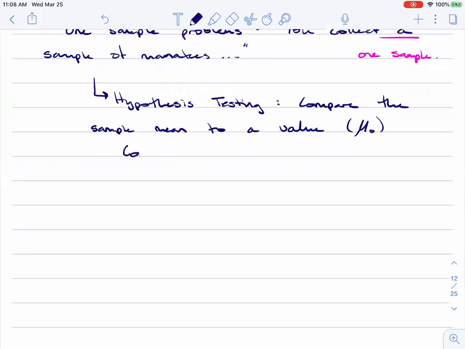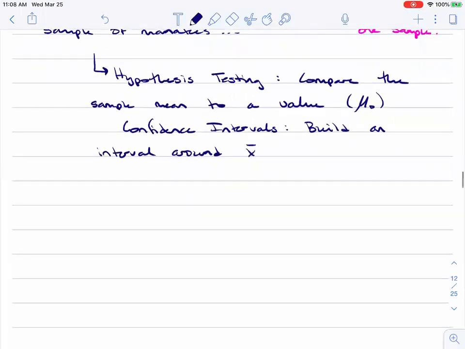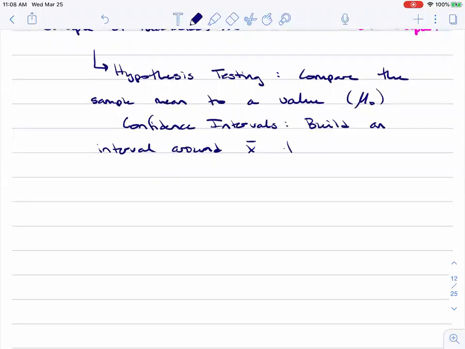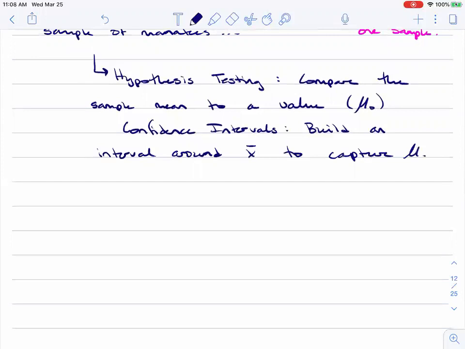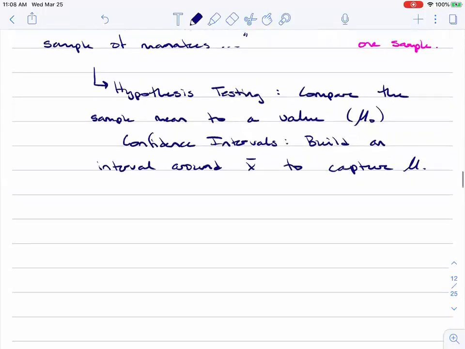Or for confidence intervals, we build an interval around one mean. Build an interval around X bar to capture mu, the population mean. So that's what we've been doing so far.